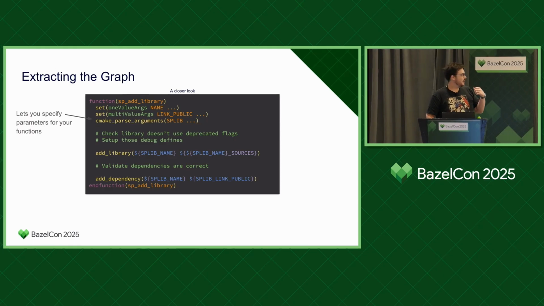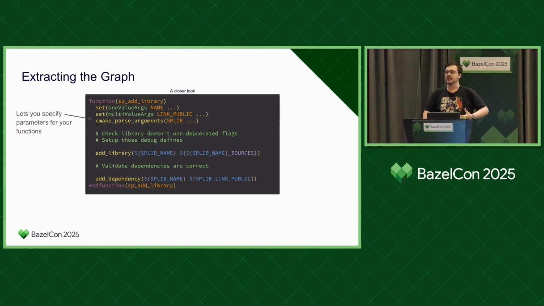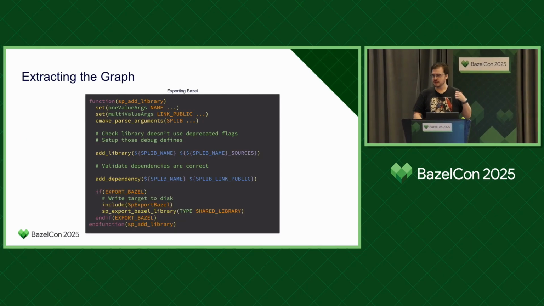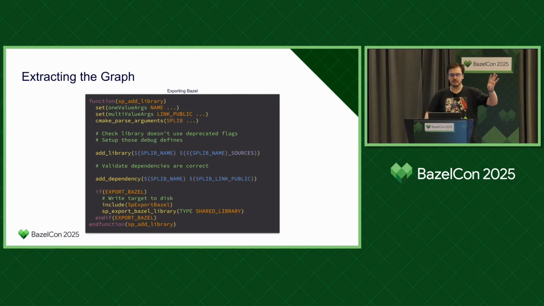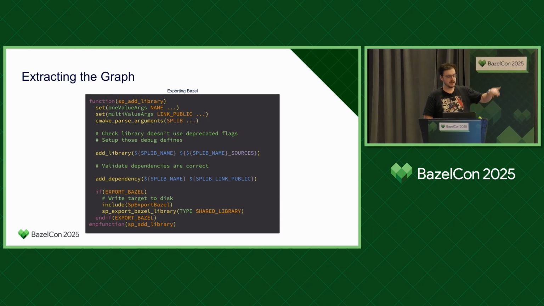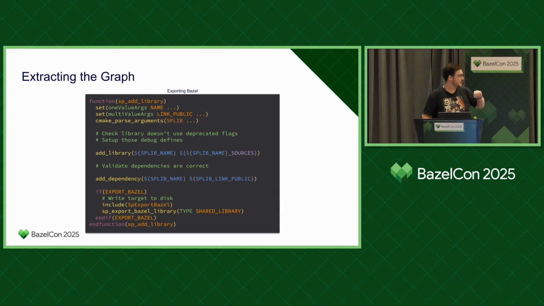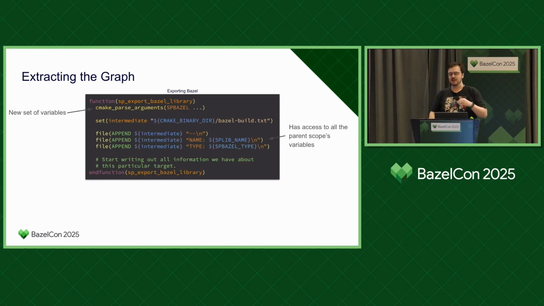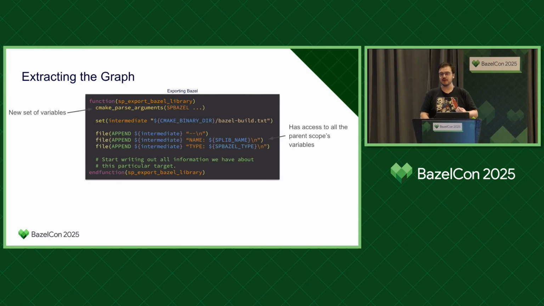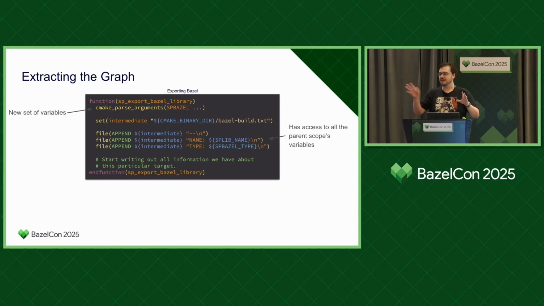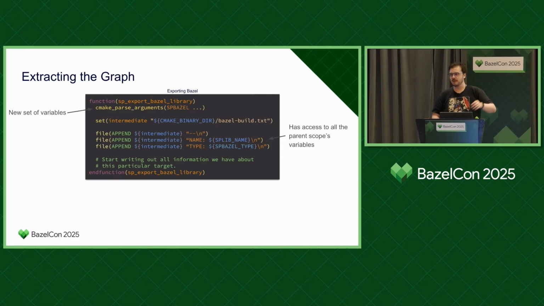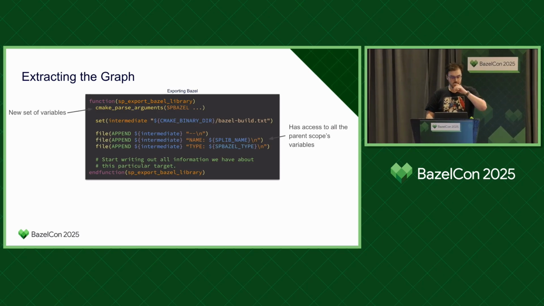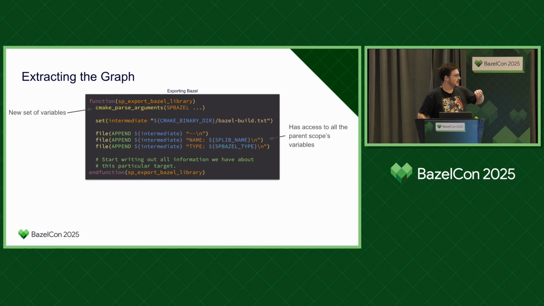And because this is applied to basically all of the targets in CMake that we actually care about at Spotify, this makes it an absolutely perfect place to start writing out all of this information to some other representation. So we added a little function, sp_export_bazel_library, that just takes advantage of CMake's very permissive configuration step, where you can mutate files, you can mutate the source tree if you want to, you can add templates, you can arbitrarily run processes, and we can just say, here's an intermediary plain text file.